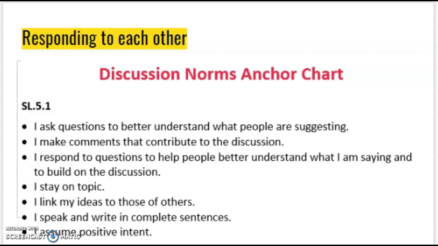So for the sake of this lesson, I really want you to focus on 3 key discussion norms. I make comments that contribute to the discussion. So as you're commenting to each other about the learning and the resource, please be sure that your comments are specific and you can respond to each other.